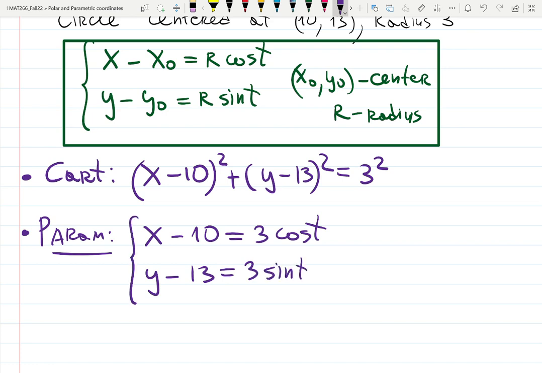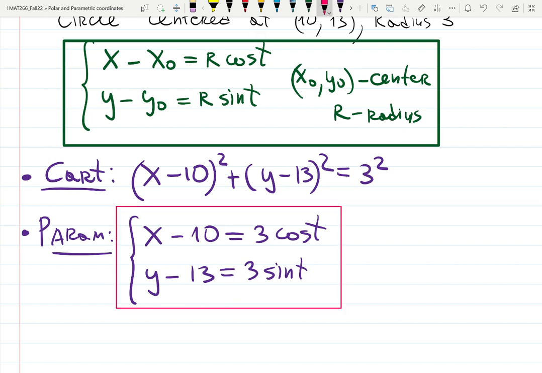You can always check. It should be the same. If you square the left-hand sides and add them together, it will be x minus 10 squared plus y minus 13 squared equals 3 squared. Make sense? Because sine squared and cosine squared gives you 1. So it's the same thing. You can easily jump from one to the other, so we can ask you both.